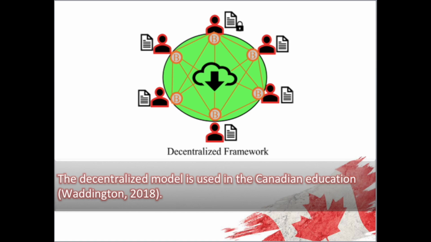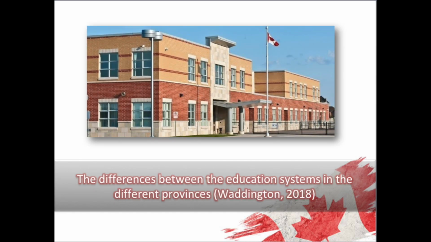So in Canada, the decentralized model of education consists of 13 ministers overseeing education in each of Canada's provinces and territories. Canada has special attributes which cause significant differences between the educational system in the different provinces. For example, there is the English Canada and French Canada, as well as the provincial and territorial governments that govern and fund education.